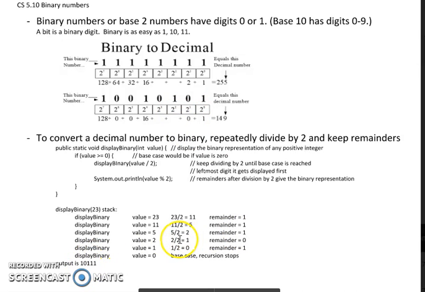Okay, now I call the same thing. I call display binary with 2. I divide by 2, I get a remainder of 0. That's the eights place. So I have ones place, twos place, fours place, eights place, and then the last one is what do we get up to? Ones place, twos place, fours place, eights place, and 16s place.